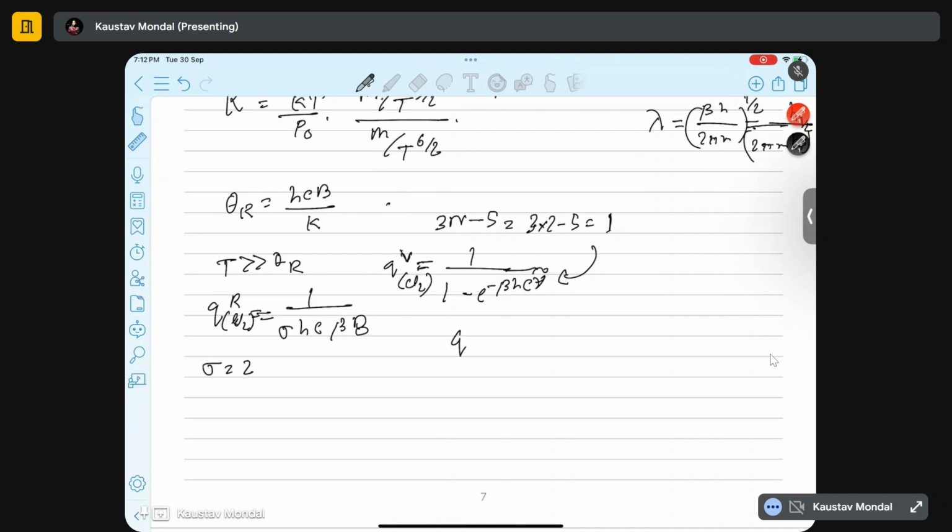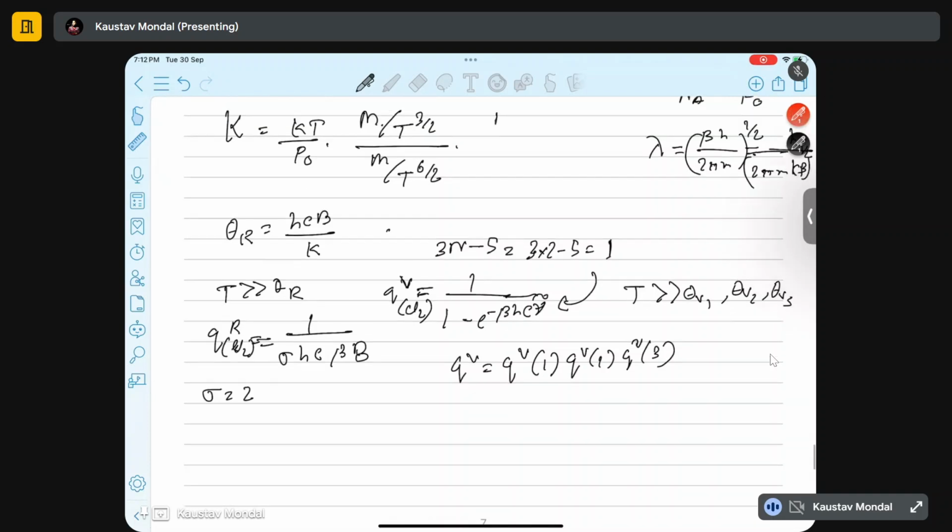We know QV comes from the number of independent modes. If there are 3 modes, QV1, QV2, QV3, provided that T is greater than or equal to theta V1, theta V2 and theta V3, then all the 3 modes will be activated; otherwise the values will be very close to 1, right?